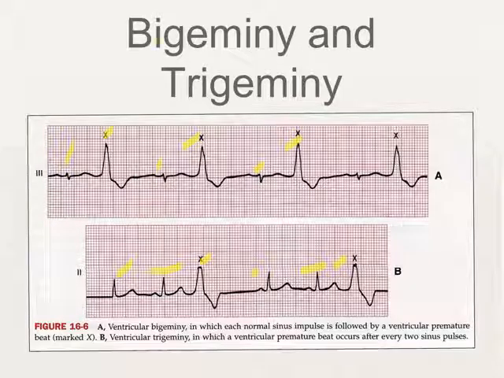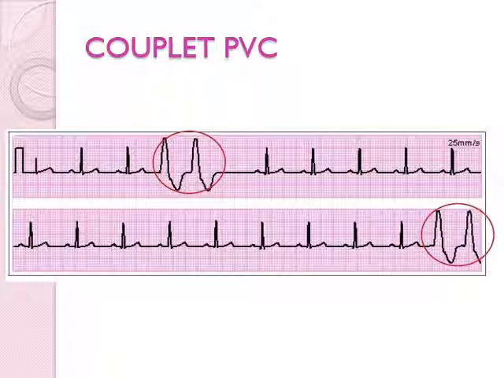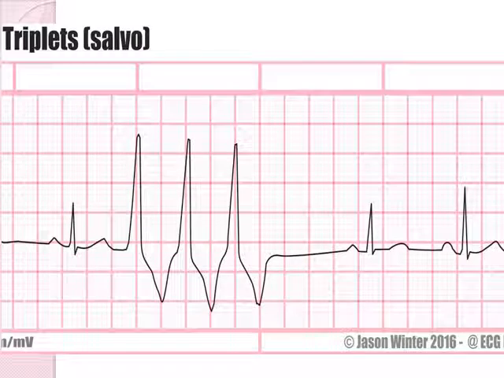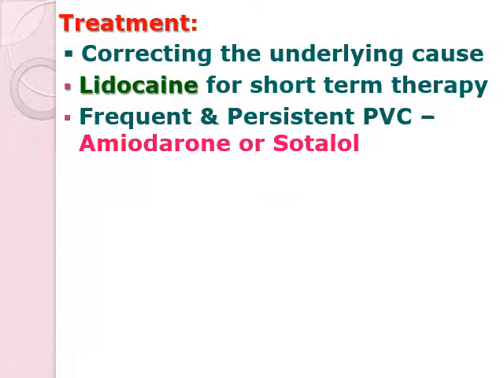The gemini there indicates every how many beats your PVC occurs. When I say couplet, there's a couple of PVCs that can be seen in a row. And a triplet or salvo has three PVCs in a row. Triplet or salvo is life-threatening because it can lead to a more complicated dysrhythmia, which is ventricular tachycardia.